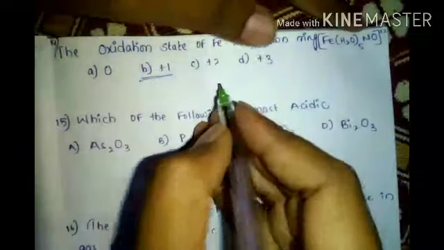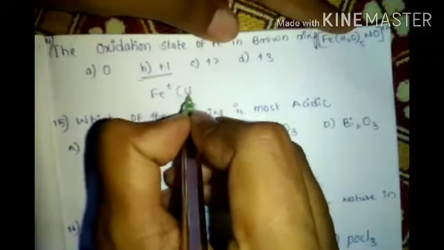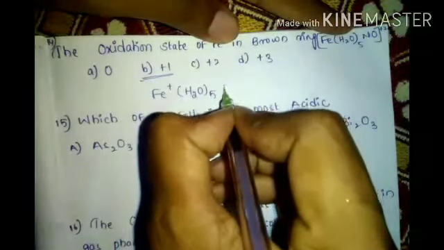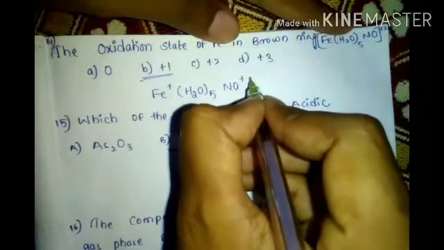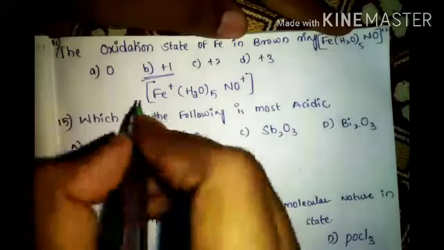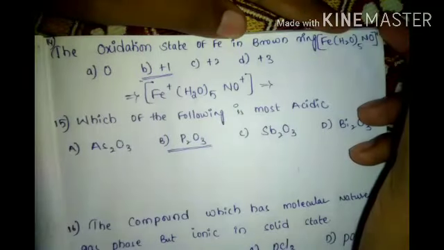In one more way also we can write it, as [Fe(H2O)5NO]+. Actually, the actual one is this one, but simply we are writing like this.